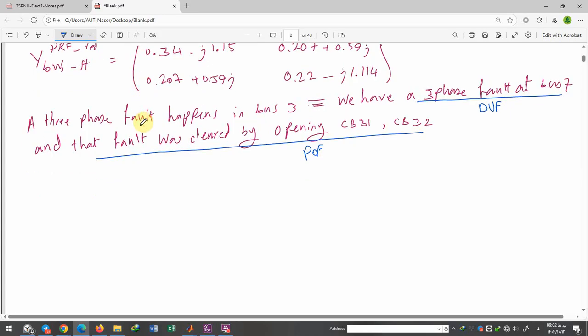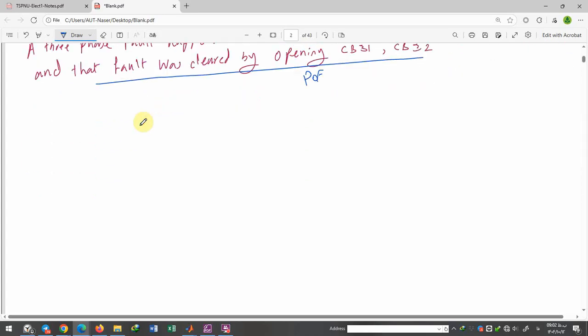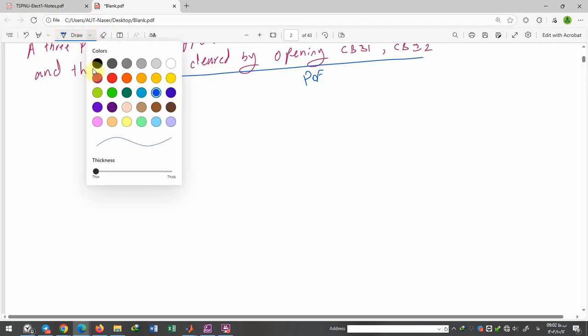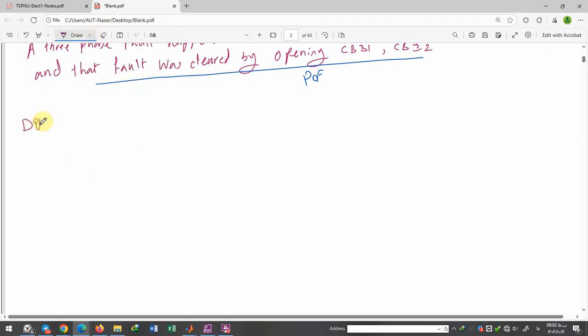Okay, in during fault we have a three-phase fault at bus 7. What happened in Y bus stability during fault?